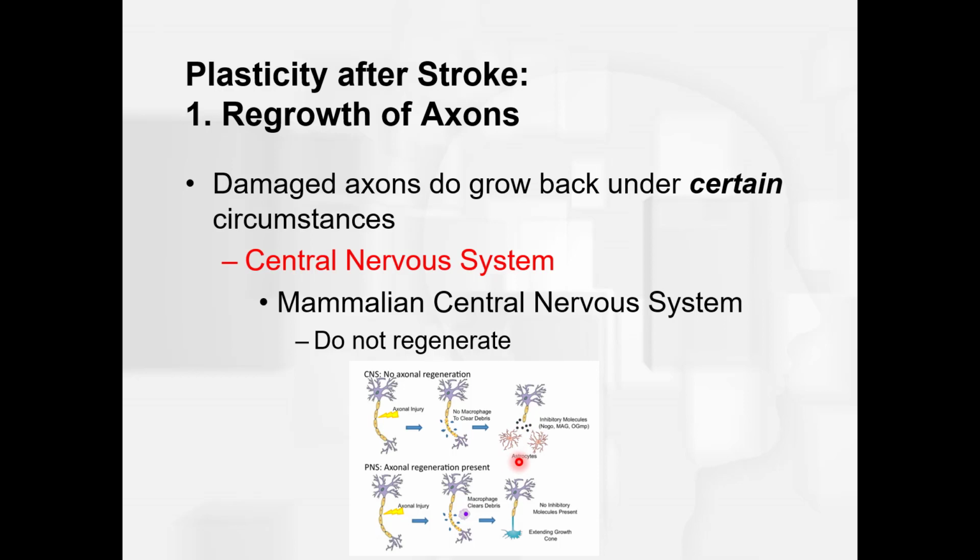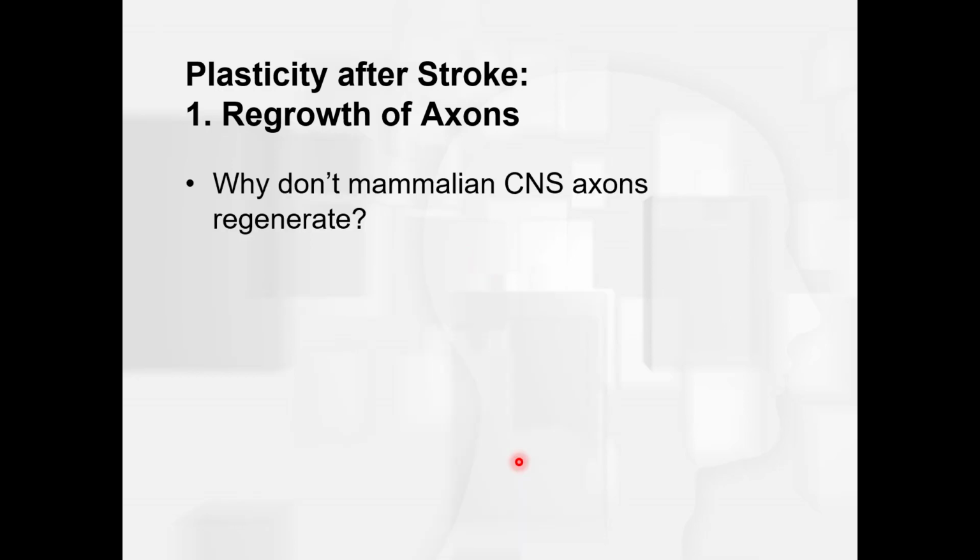Now the question is, why do we have that? Why doesn't our central nervous system allow regrowth? Scientists work very hard to try to figure out that question and get around it. So why don't mammalian central nervous system axons regenerate? As I mentioned, those astrocytes act as scar tissue, which is a barrier to the axon regrowing.